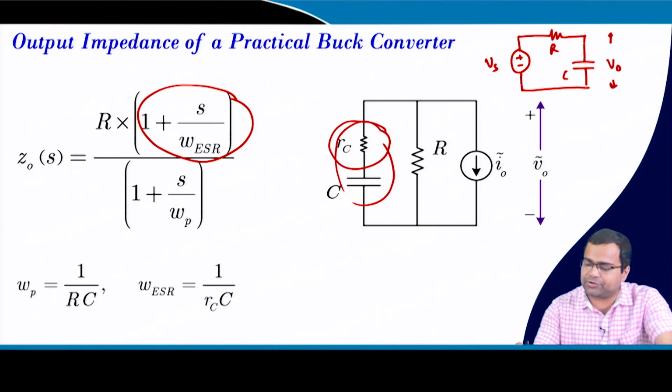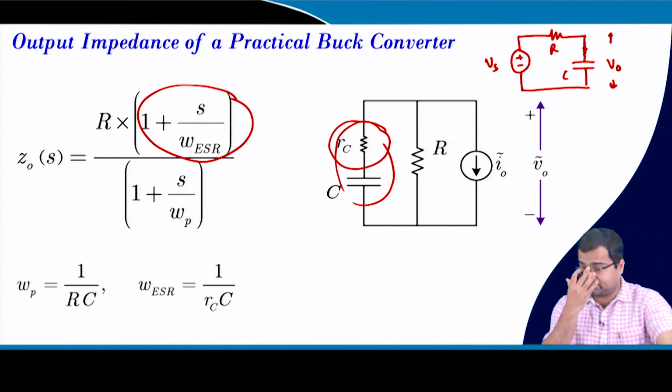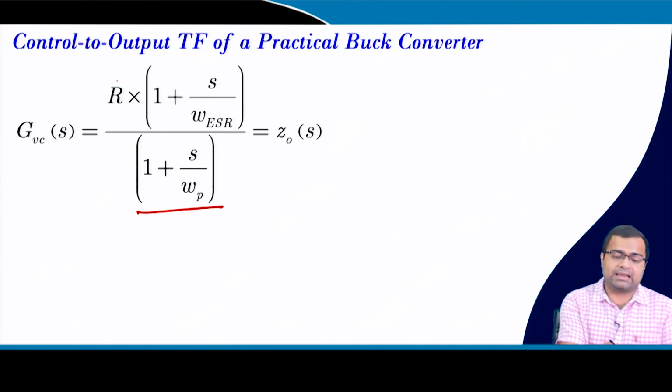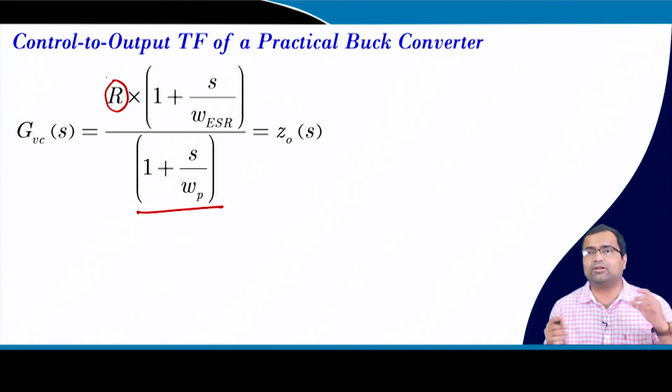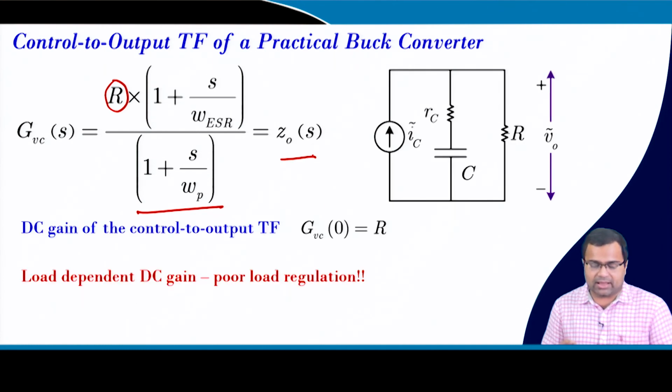But suppose you introduce a resistance in between, then you will get one zero and one pole. And that is exactly what is happening here. So, our practical buck converter also has an ESR zero and one pole, and it has a DC gain of load resistance, same as the output impedance. So, the DC gain is load resistance dependent.